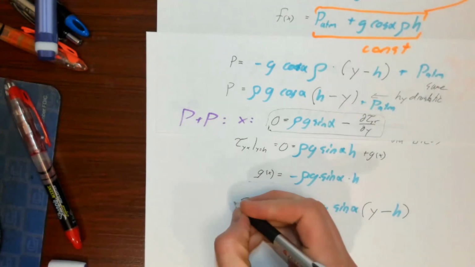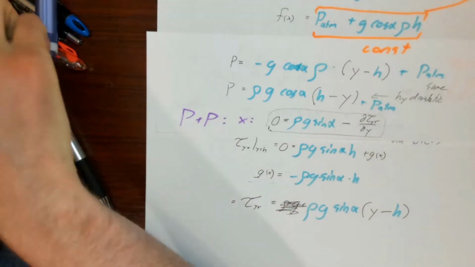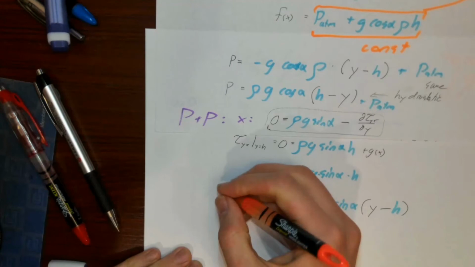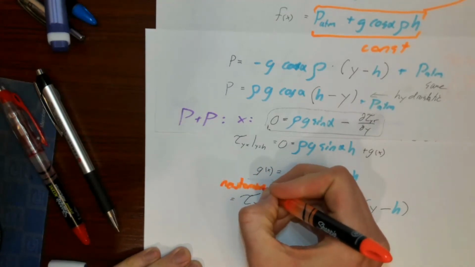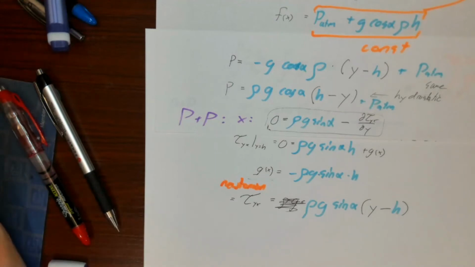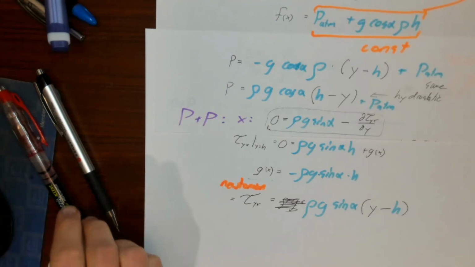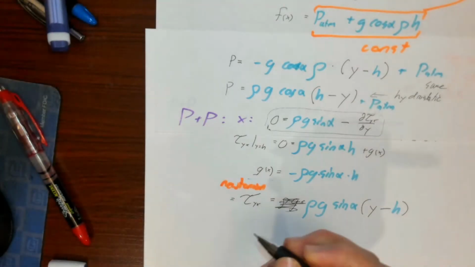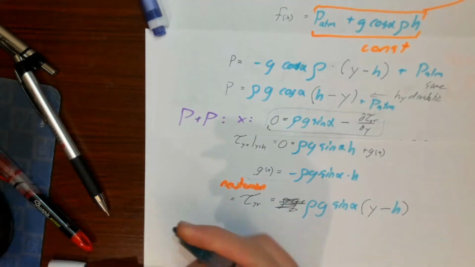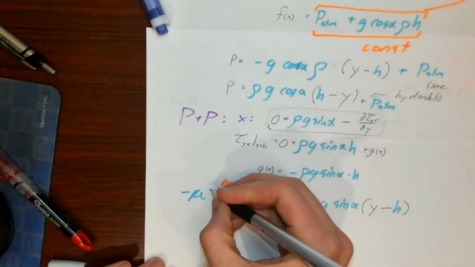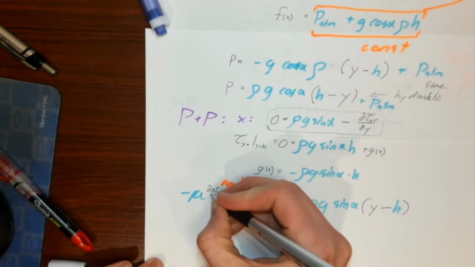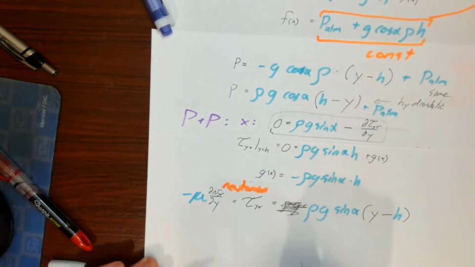Well, if we assume Newtonian, then tau yx is going to be equal to the following. So tau yx is equal to minus mu times dvx dy.